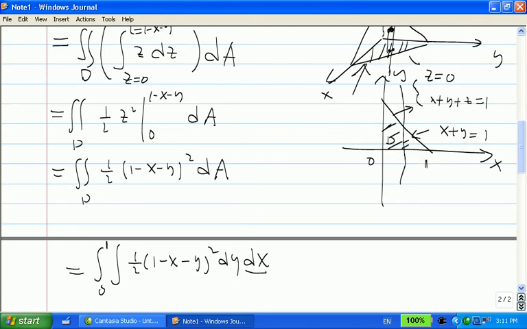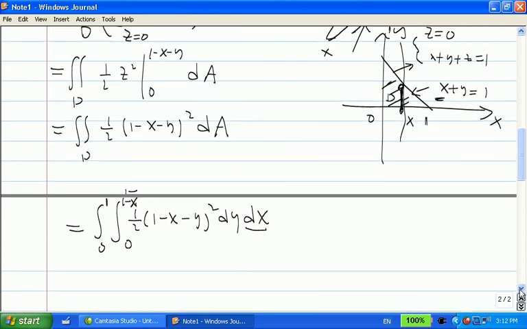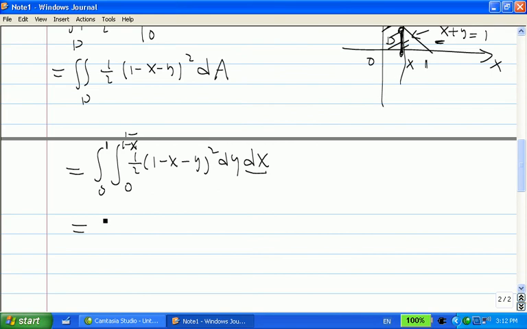Then go up, fixing x. Then for your y, see all the points here. Your y is bigger than 0 and less than that point. Here it's always 0. Less than that point, which depends on x. So for given x, you can solve that y is 1 minus x. Now we can do this.